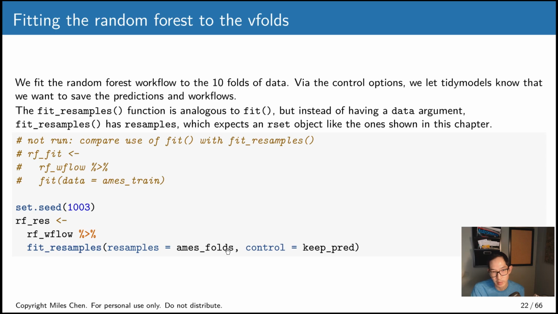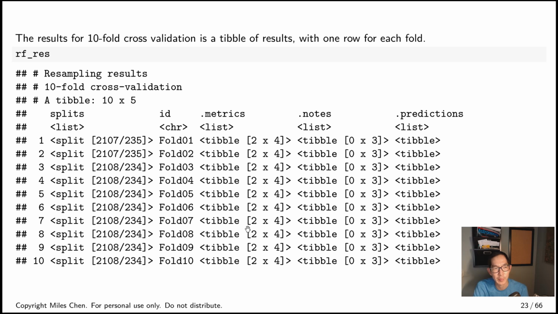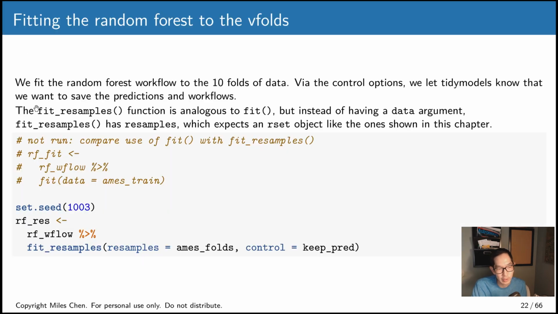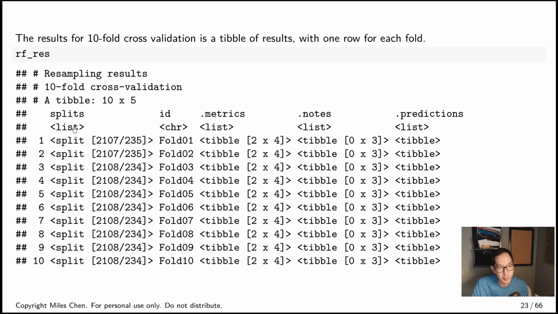This takes a few seconds to run. You're just seeing the output from my lecture slides, but on your computer it takes a little bit of time. Now we can ask, what are the results of my random forest resamples? This is the result of 10-fold cross-validation.